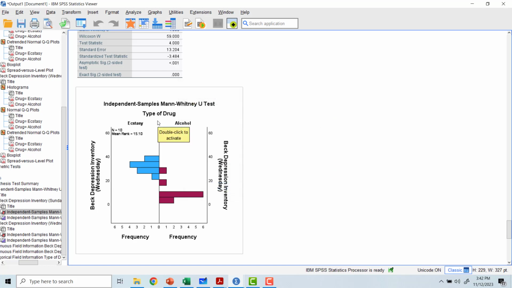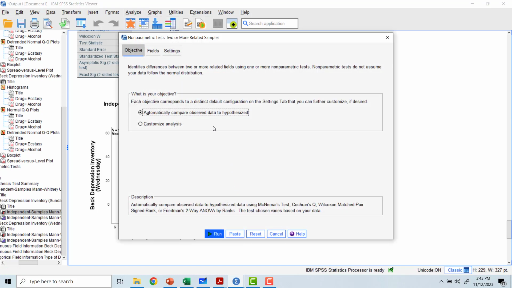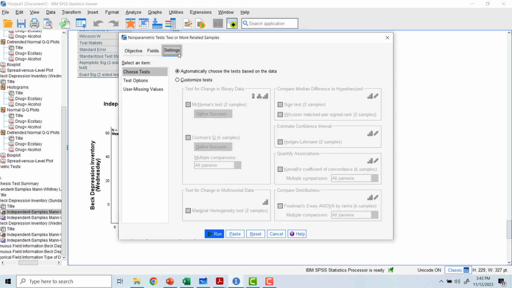Okay, now we've split, we can go back to non-parametric. So Analyze, Nonparametric Tests. This is just the SPSS terminology for the paired test, so we're going to do Related Samples. Again, we go to the fields, and we don't have to change anything, because we've got the type of drug as the grouping field, the test fields Sunday and Wednesday, and the settings.